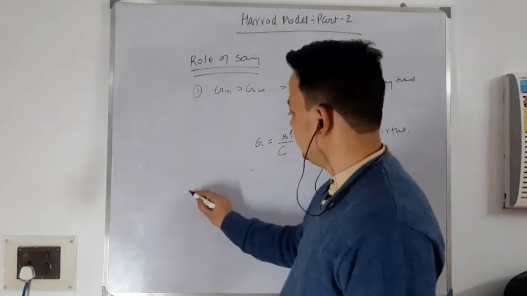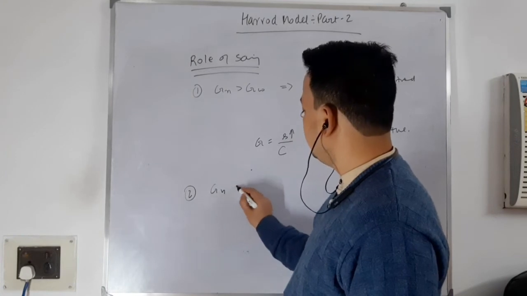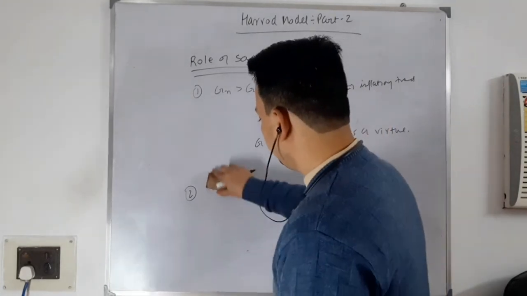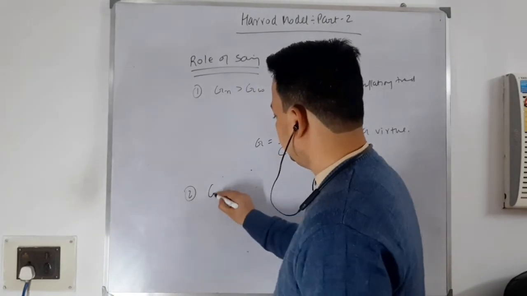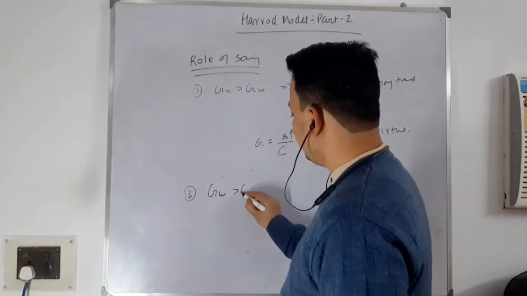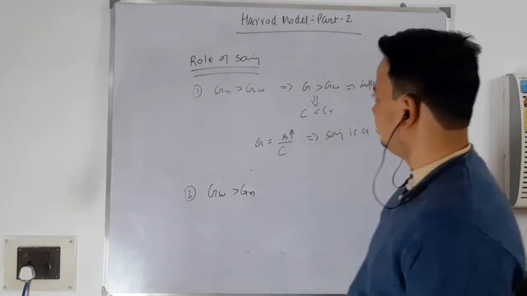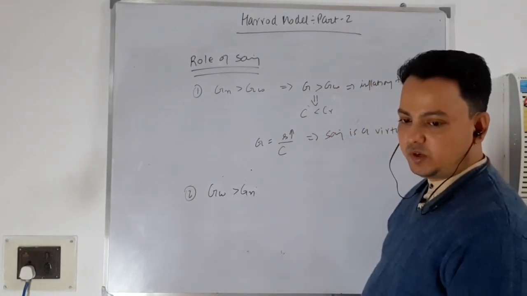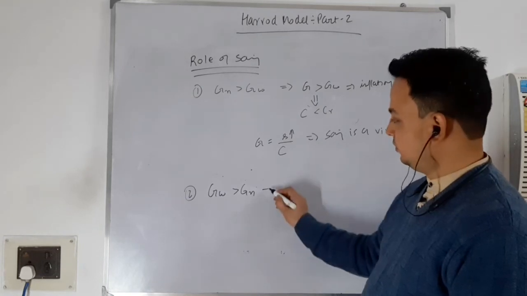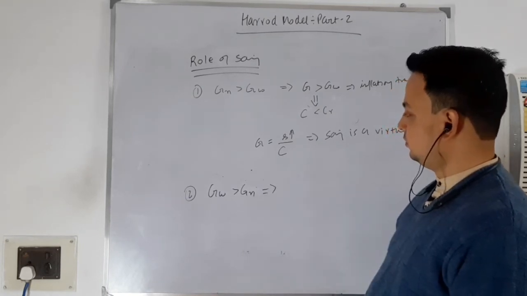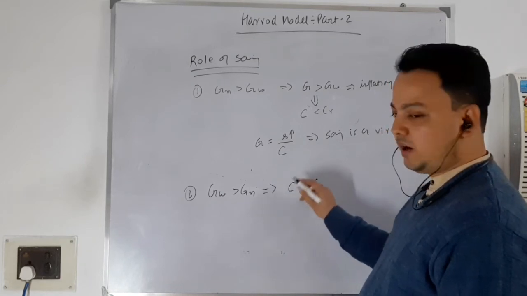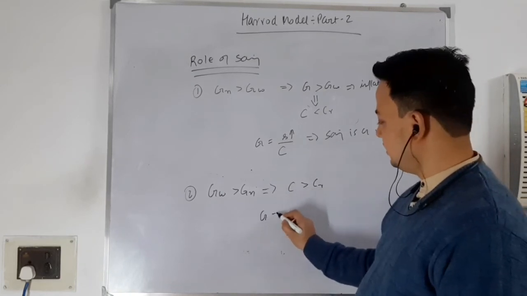Second, when Gn is less than Gw, it will be when your warranted growth rate is more than your natural growth rate. What will happen? Actual capital in stock is more than required capital in stock. Look at this.